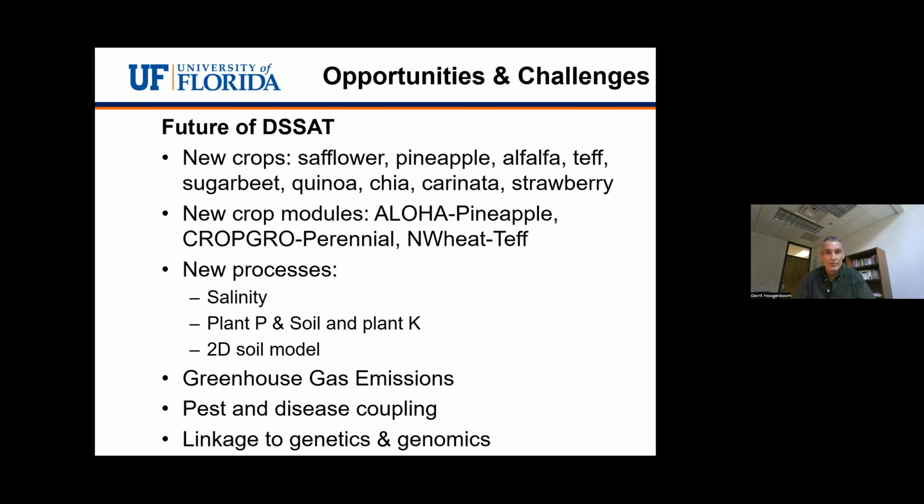And we can provide a pest model with the amount of leaf area or leaves or roots that are required by the pest to grow. And then I also already showed you a little bit about what we're doing currently with linkages to genetics and genomics.